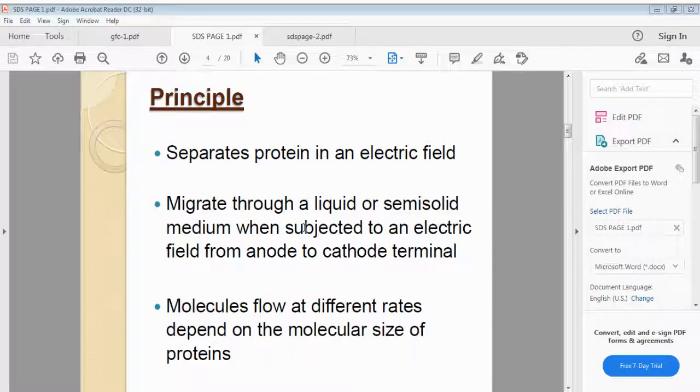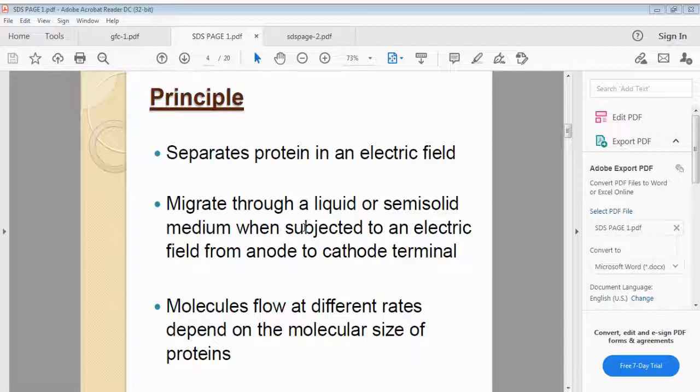So what is the principle? How do the proteins get separated? Naturally, all the proteins have some charge. Proteins are made up of what? Proteins are made up of amino acids. Different proteins are made up of different amino acids in a particular sequence. So naturally they have some kind of charge because of the charge present in the amino acids.